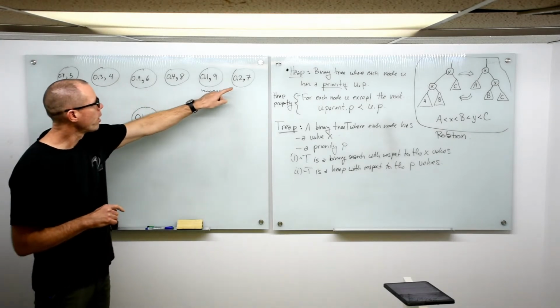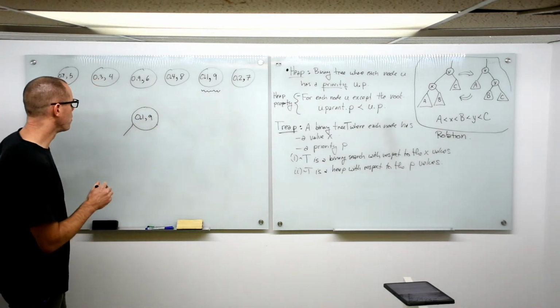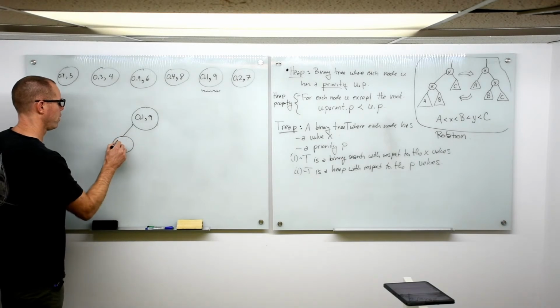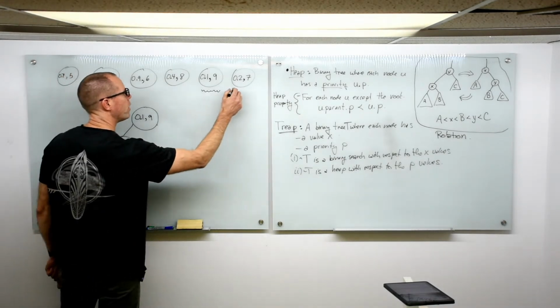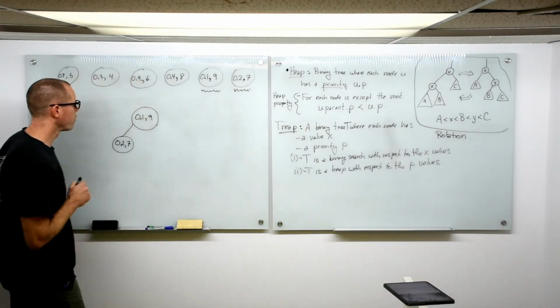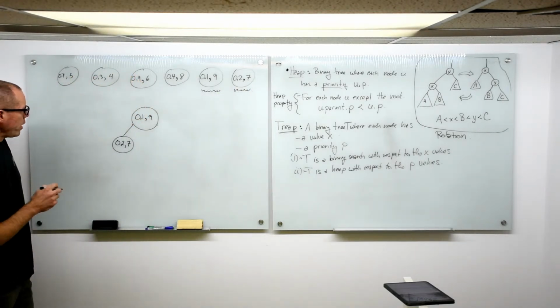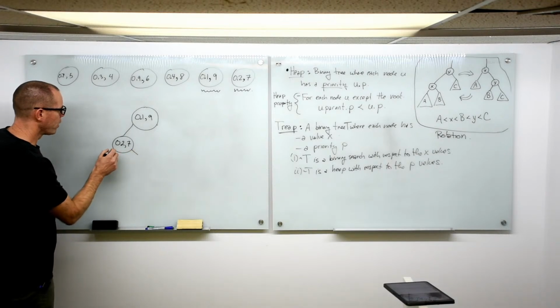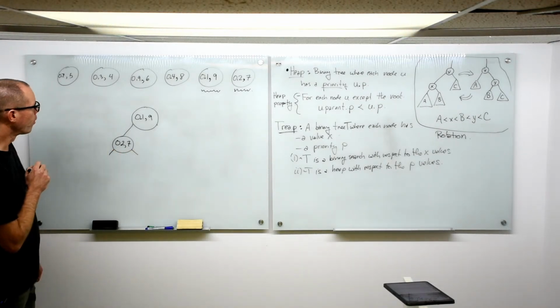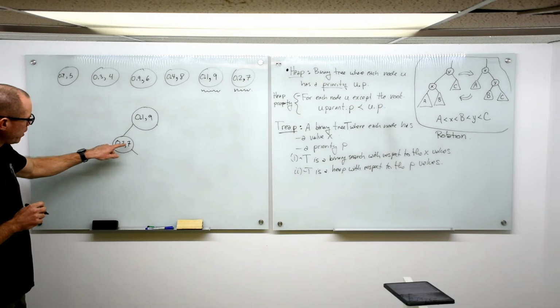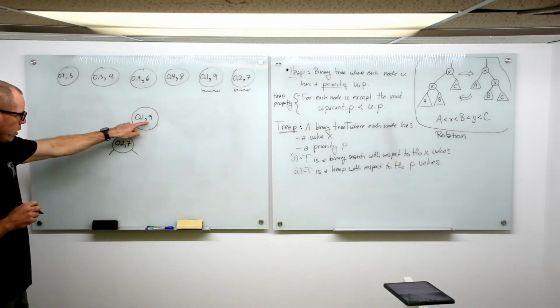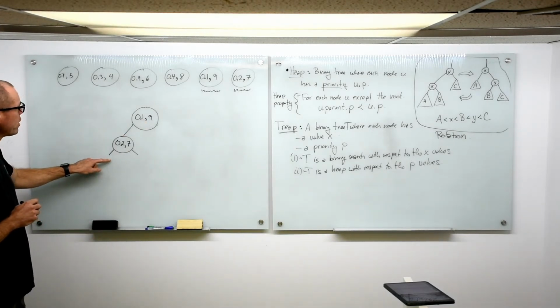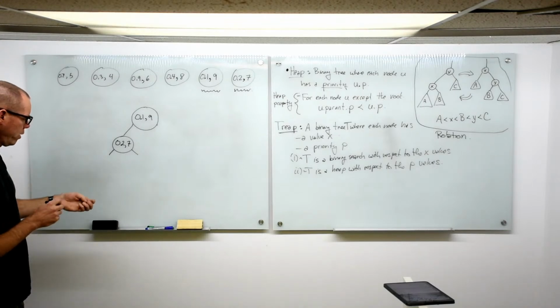So here there's one with priority 0.2, that's the smallest one. And it has the key 7, so it goes there. Now I need to know what goes in the left and what goes in the right. Well, on the right here is going to be everything bigger than 7 and smaller than 9. On the left is going to be everything smaller than 7.